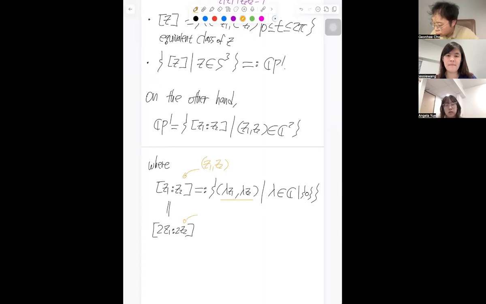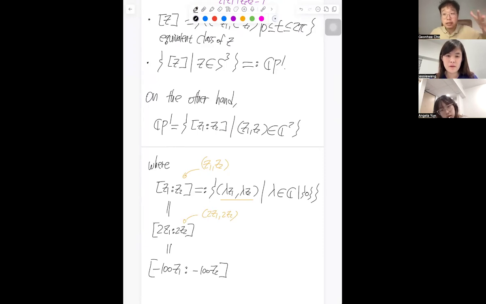And in this case, you start from 2z1 with 2z2, then if you multiply by any lambda, it's just the same as a set. If you don't get it, let me know. If you multiply by, say, negative 100 z1 versus negative 100 z2, because we multiply by an arbitrary non-zero complex value, as a collection they are the same. That's what I'm saying. Does that make sense to you?